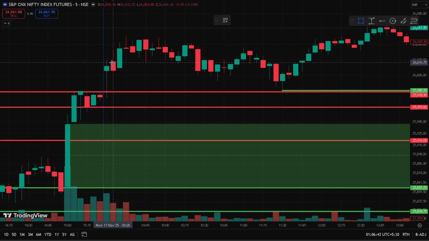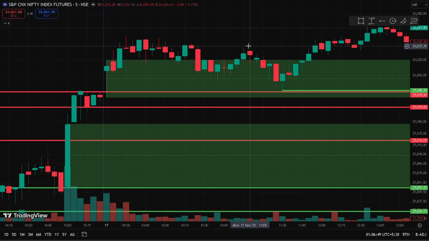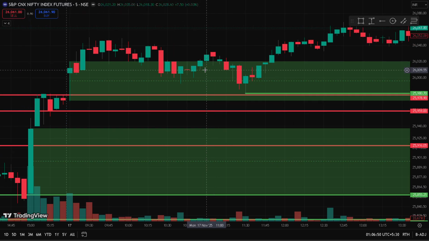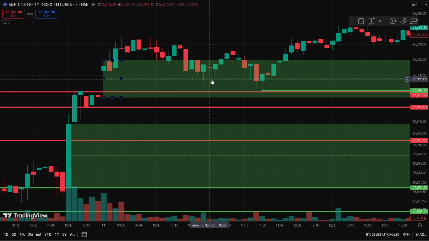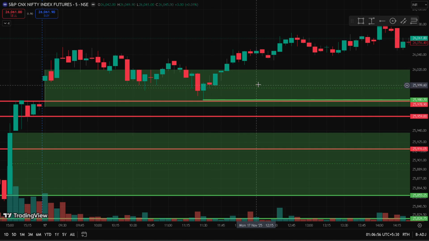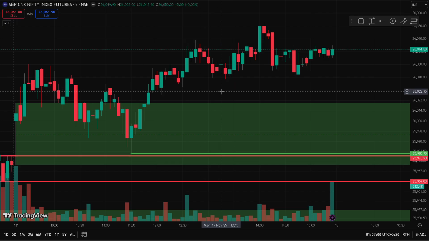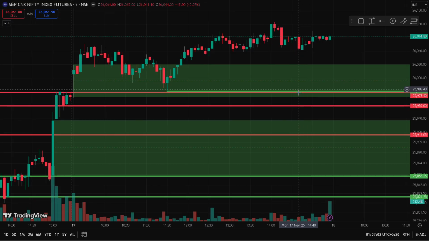Let us take this exact level as a base level for a bullish move. If the market comes down to here, good chance to go upside, good chance for a trade on the bull side.